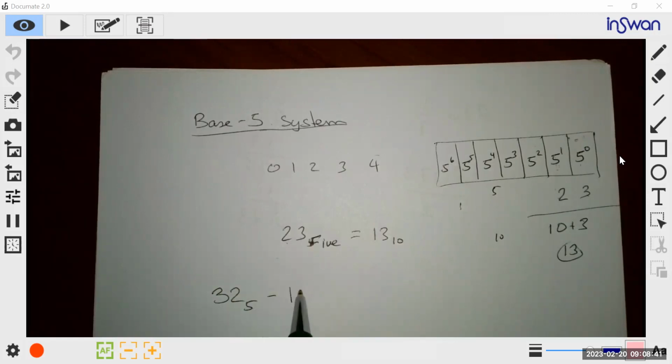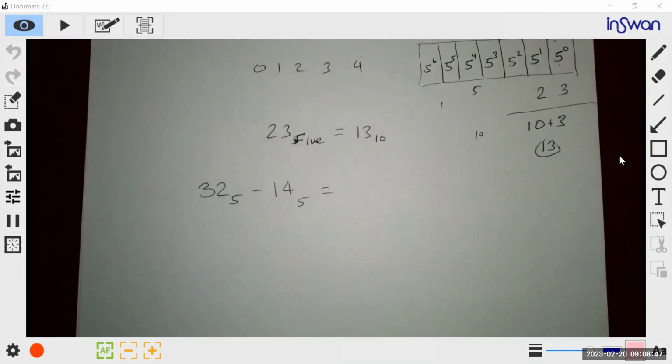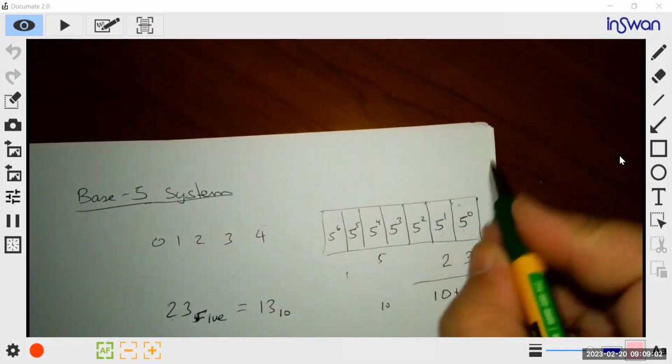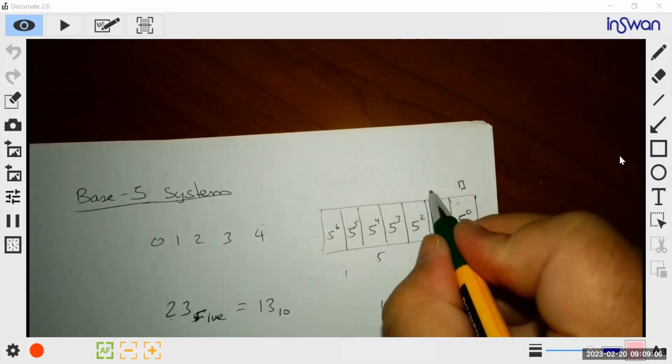32 base 5 minus 14 base 5. We can use base 5 blocks here. This first column is made up of singles.